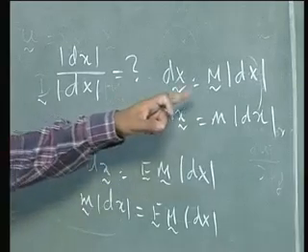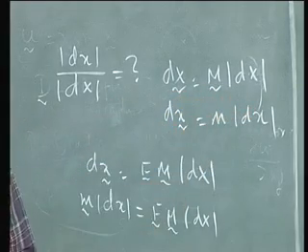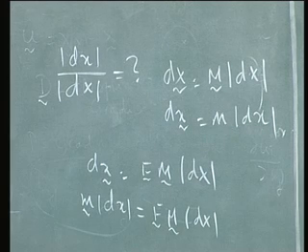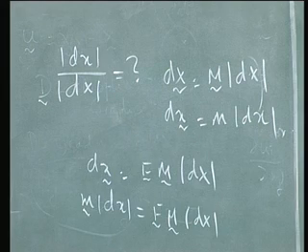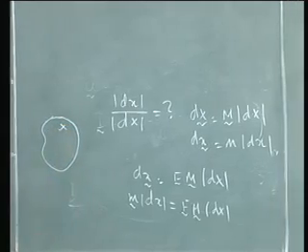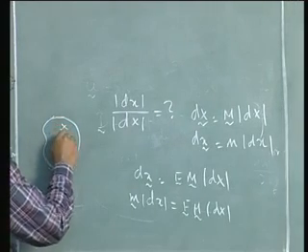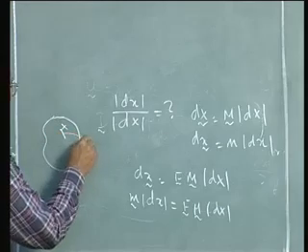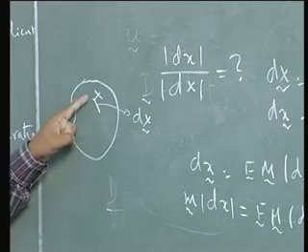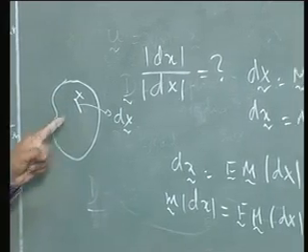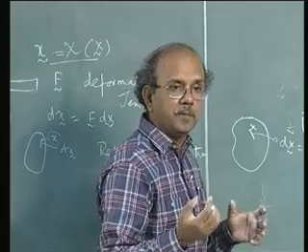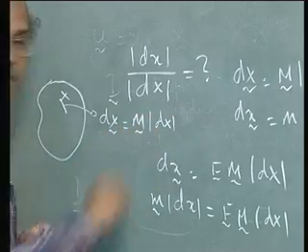M is the unit vector along the direction which we have chosen, d capital X. Is it along the line element? Yes. Say for example, if this is the body which you are considering, and this is the point capital X, and I am interested in this line element d capital X, that is the line element which I am going to follow. Let capital M be a unit vector along that direction. So d capital X can be written as M, which indicates the direction, multiplied by the magnitude. Nothing very difficult about it.